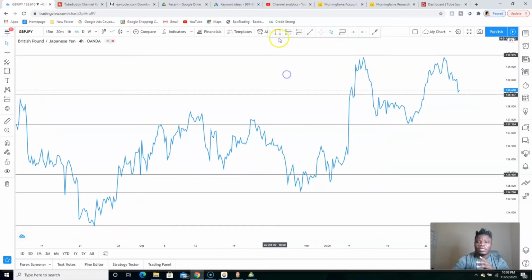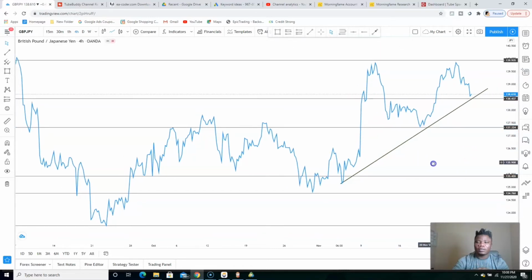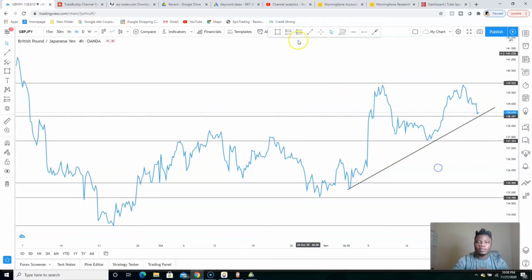You just draw your uptrend line. We have that right there. You draw your uptrend line, and you can draw this right here.